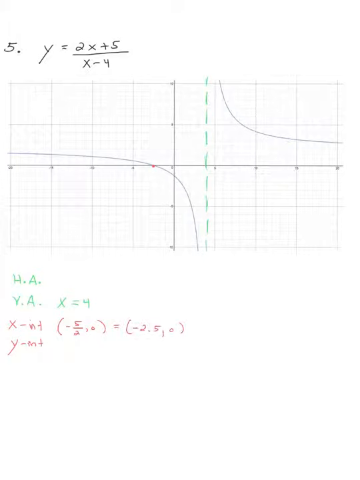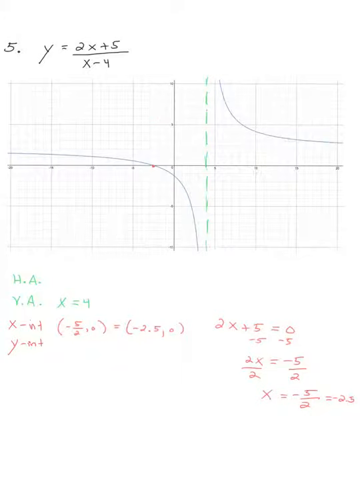Just to be a little bit careful, where this came from is, you can take the numerator, 2x plus 5, set it equal to 0, and this becomes a pretty simple equation to solve. 2x is equal to -5. Dividing both sides by 2 gives me x is -5/2, or -2.5. So again, this spot came from where the numerator was 0. This vertical line came from where the denominator was 0.